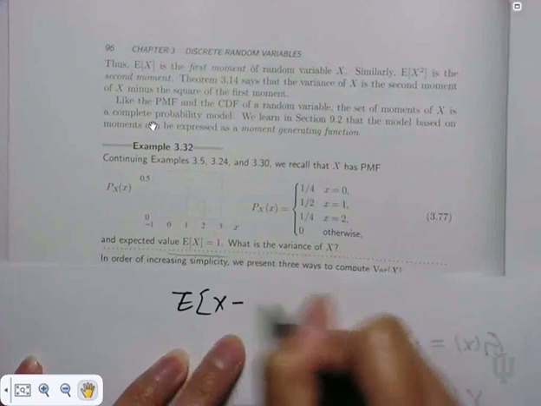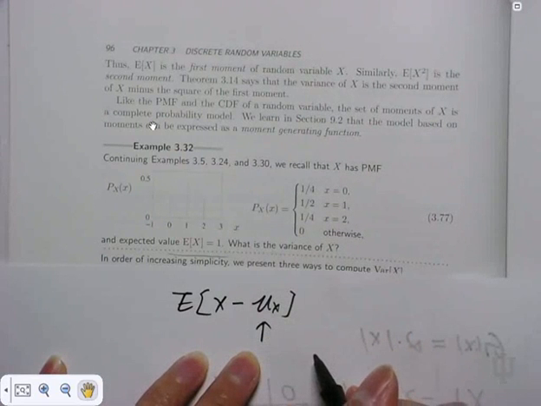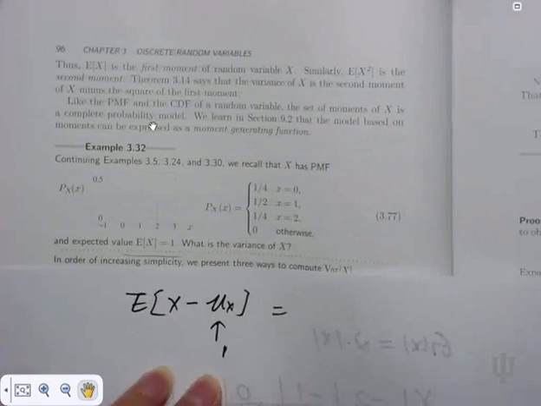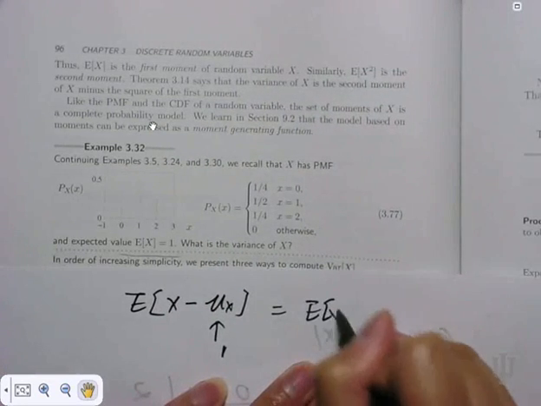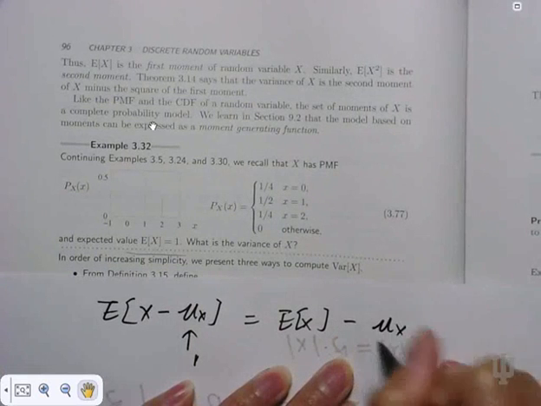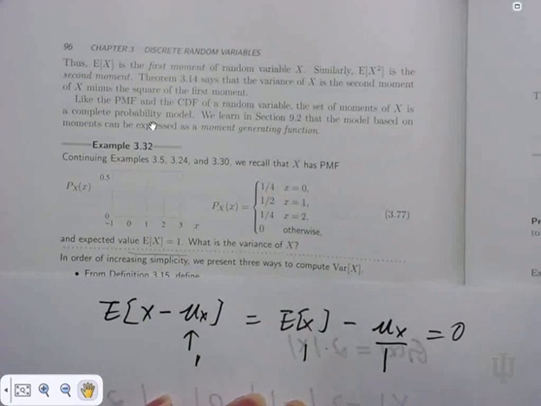E of x minus mu x, mu x is what? 1. E of x is a linear combination, a constant value, still constant, 1, which is 0, right?